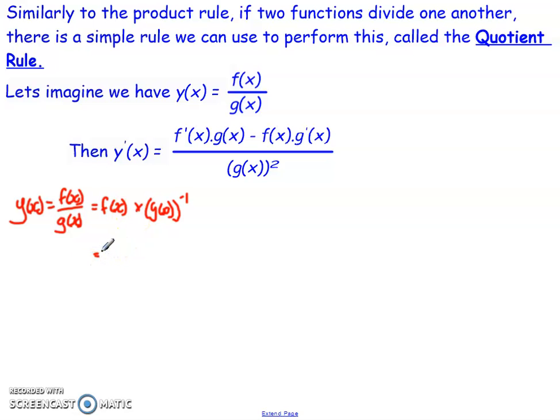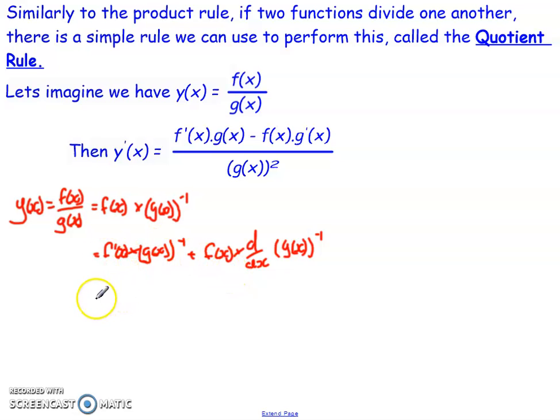So what the product rule tells me is I'm able to do f dashed of x times g of x to the negative 1 plus f of x times the derivative, so let's say d by dx, of this g of x to the negative 1. So I've got all of that.